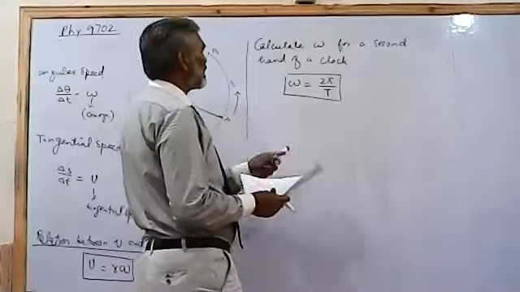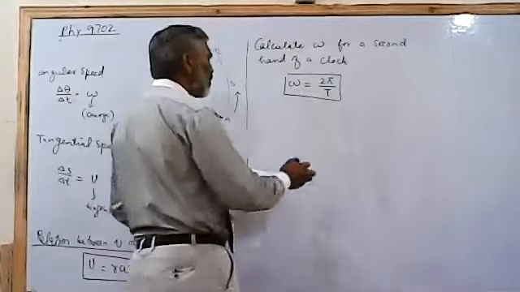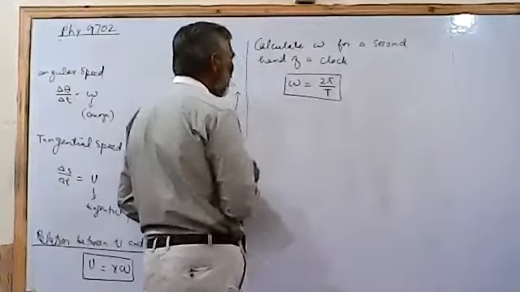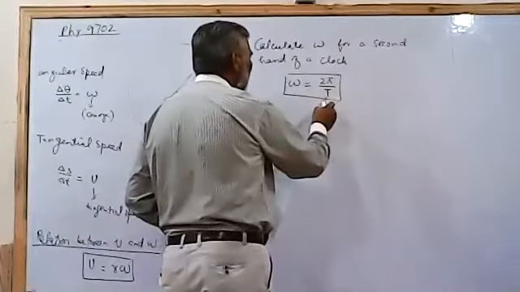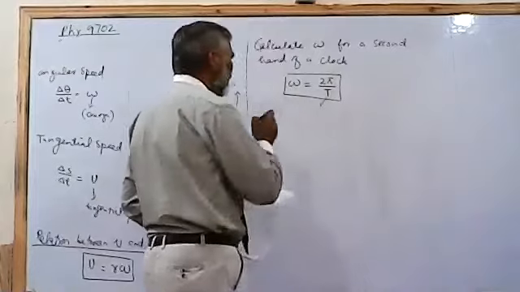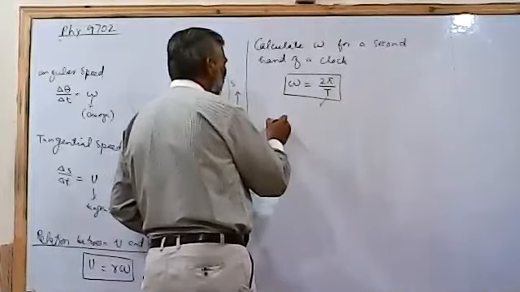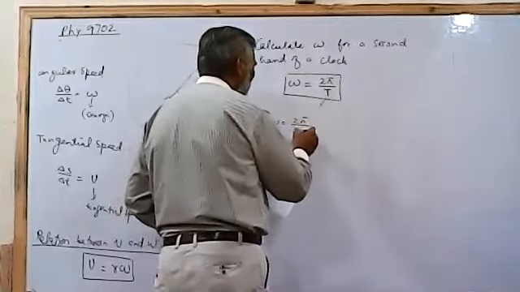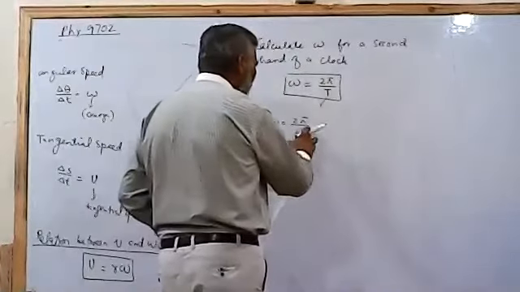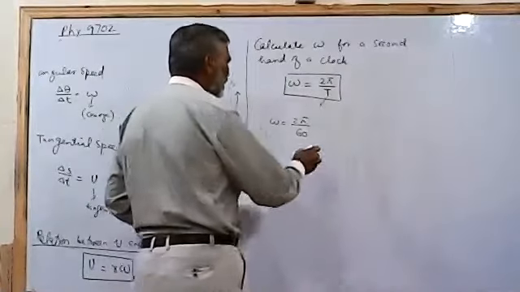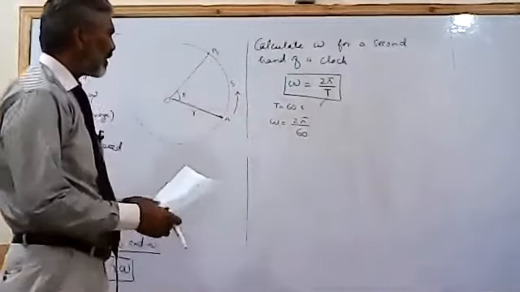If you know what time it takes to complete the circle, we can calculate omega. We know that the second hand takes exactly 60 seconds to complete one circle on a clock. So omega must be 2 pi over 60, where T is 60 seconds.